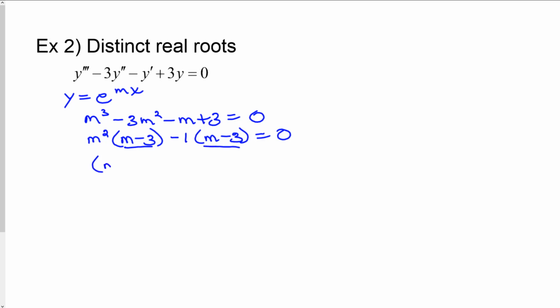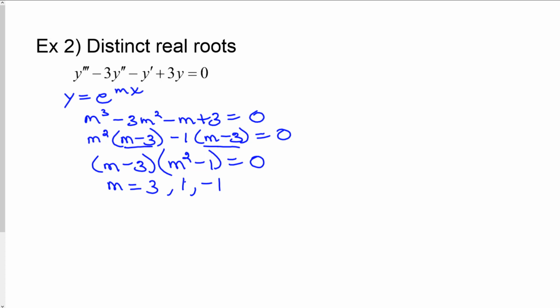So if we pull out that binomial factor of m minus 3, then we have left m squared minus 1 as the remaining factor. Setting m minus 3 equal to 0 gives us m equals 3. Setting m squared minus 1 equal to 0 gives me 1 and -1 as distinct real roots for that particular polynomial.